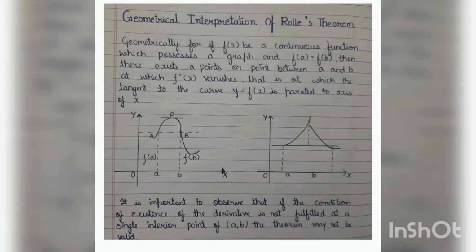Here are two graphs from which we can understand. It is important to observe that if the condition of existence of the derivative is not fulfilled at a single interior point of (a, b), the theorem may not be valid.